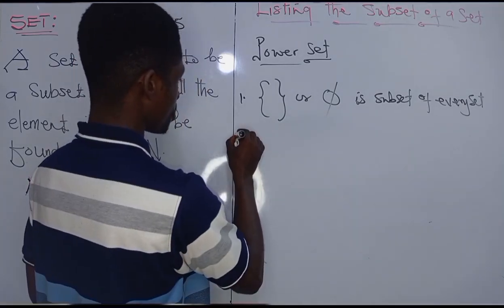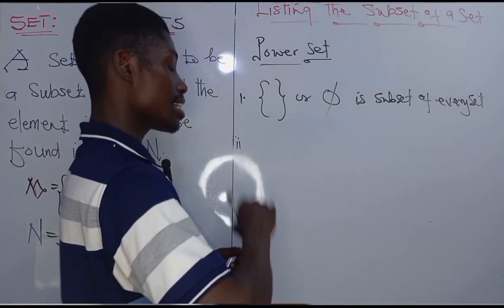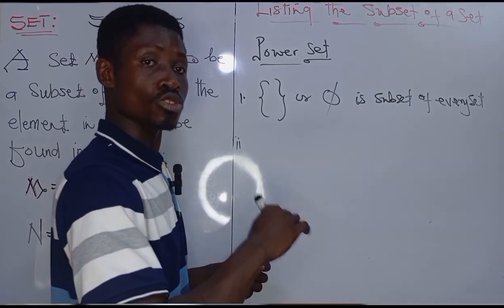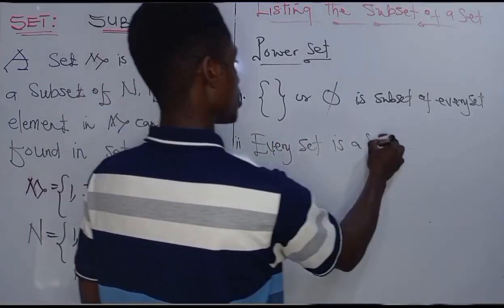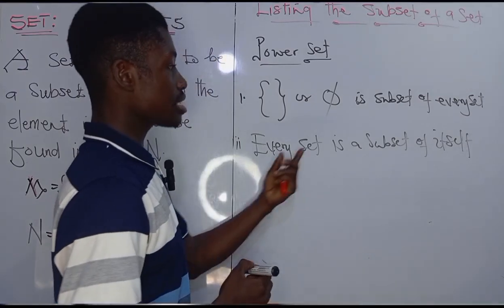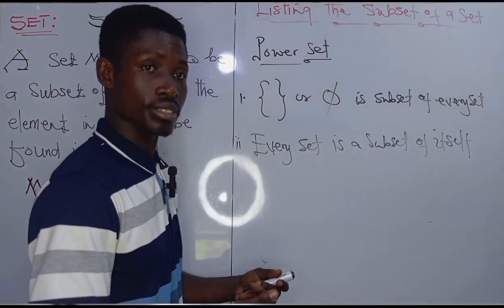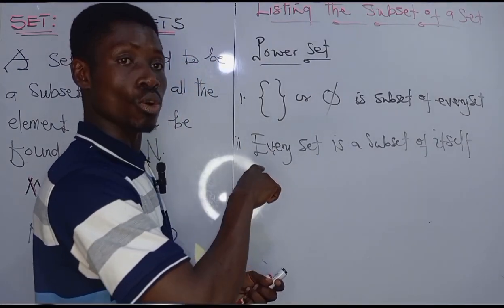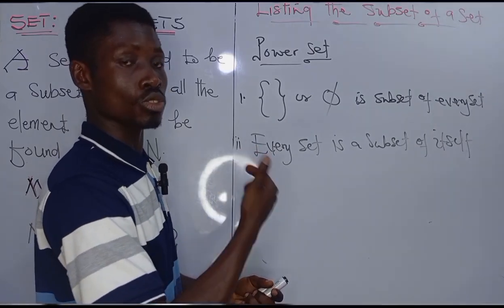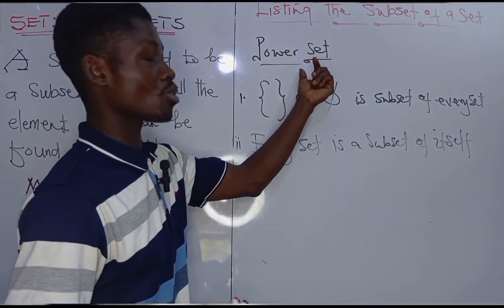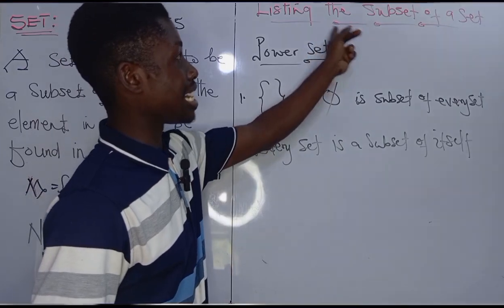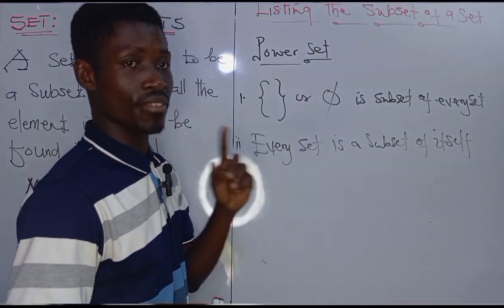And then two, the set itself is a subset unto itself. So every set is a subset of itself. These are the key important things you have to take note of when you are listing all the subsets of a given set.